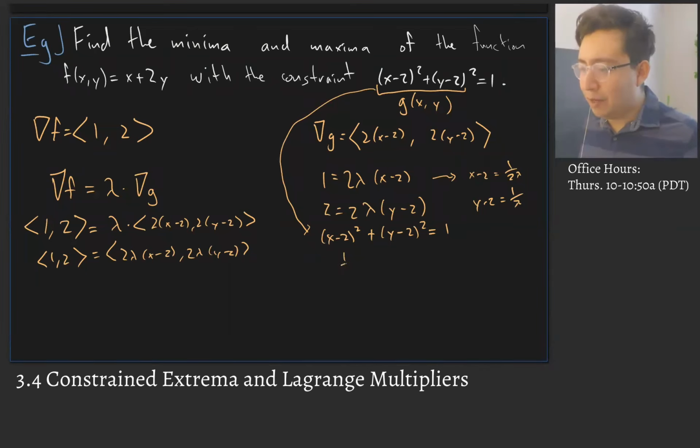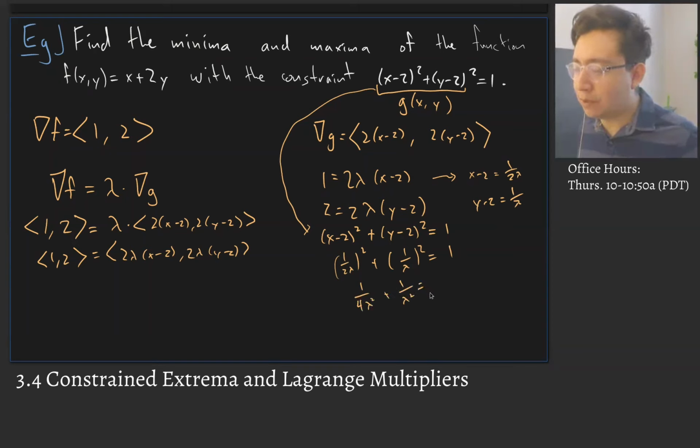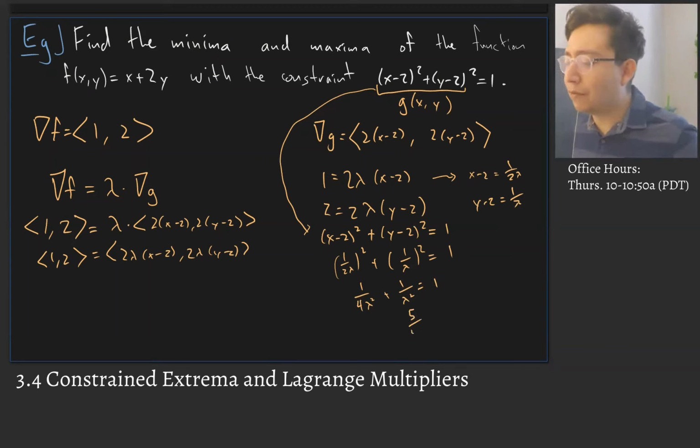So we get (1 over 2 lambda) squared plus (1 over lambda) squared is equal to 1. So then we get 1 over 4 lambda squared plus 1 over lambda squared is equal to 1. There's some arithmetic happening here: 5 over 4 lambda squared is equal to 1.